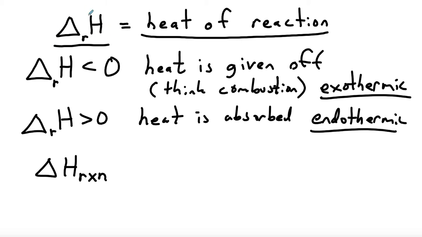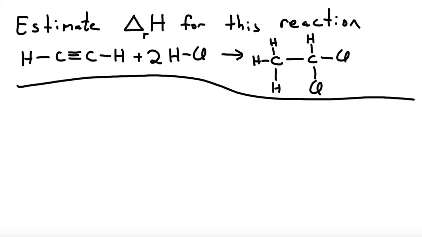Let's see if we can estimate delta H for a particular reaction using bond enthalpies. To do a problem like this, we should start by making a list of all the bonds that we break and all the bonds we make, because we're going to use this equation. I'll write it two different ways.